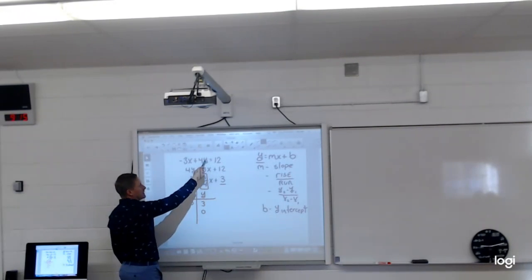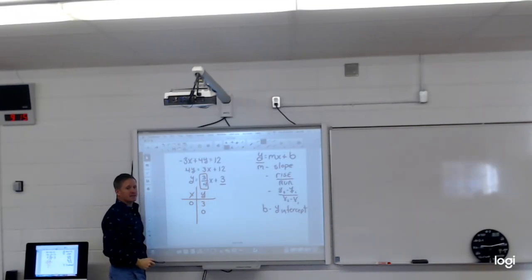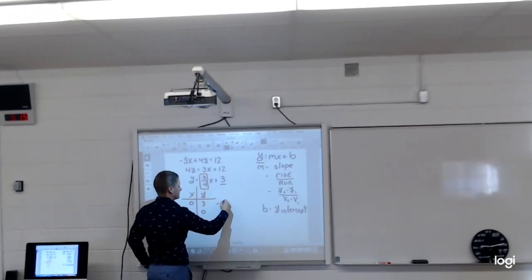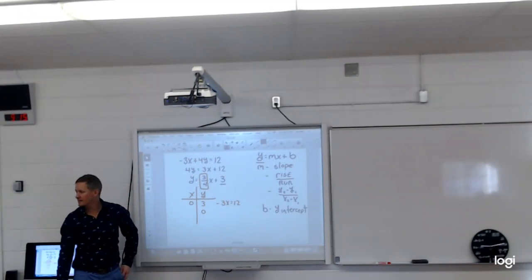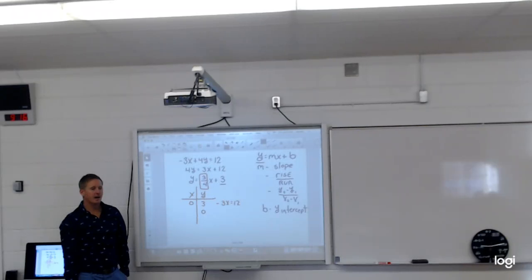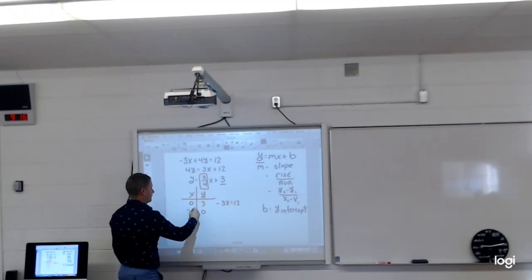Now I'm going to put 0 in for y. Tobias, you follow me? I put a 0 in for y. 4 times 0 is 0. So I have negative 3x is equal to 12. How do I get x by itself? Divide by negative 3. So that gives me what? Negative 4.